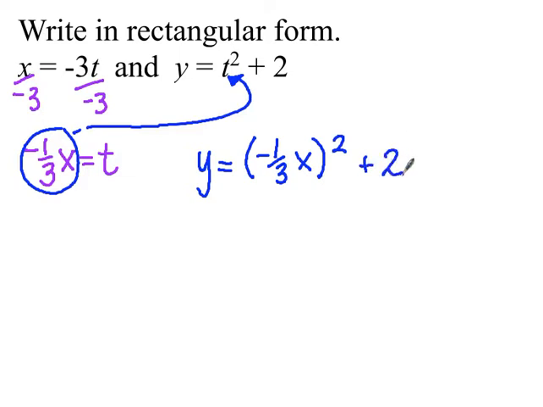And now all I need to do is simplify that, and we'll be good to go. So negative 1/3 x quantity squared, what will that be? Say it louder. 1/9 x squared plus 2. And there you go.